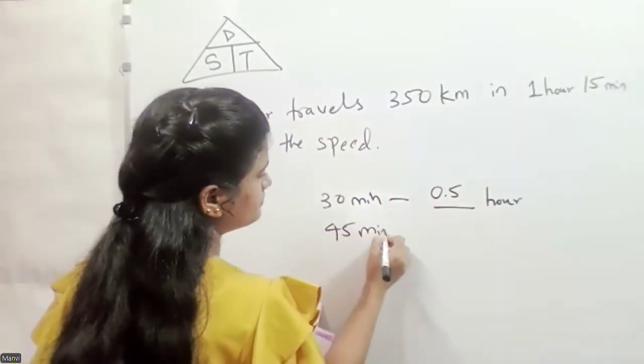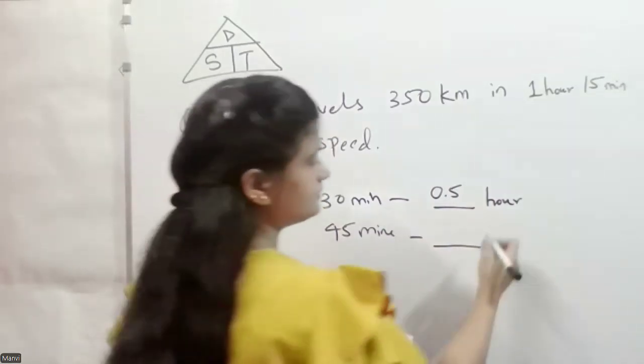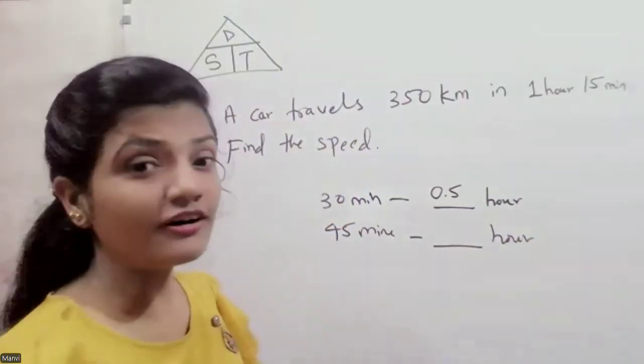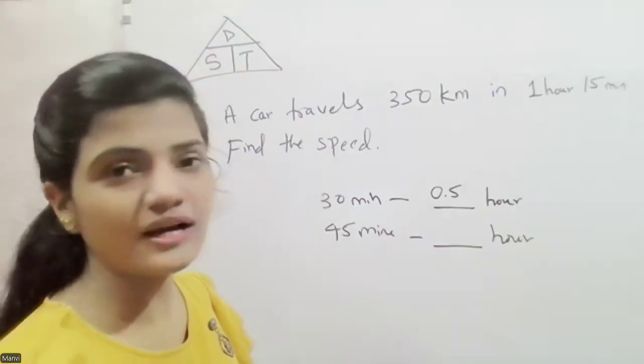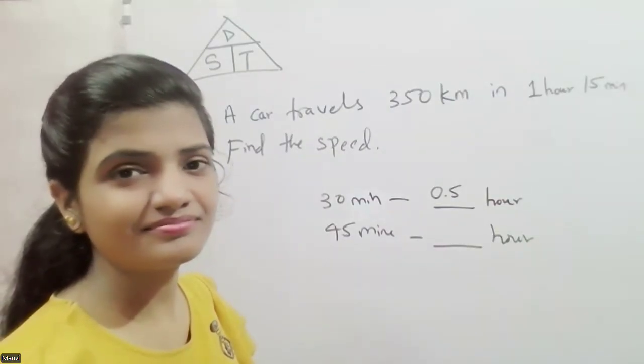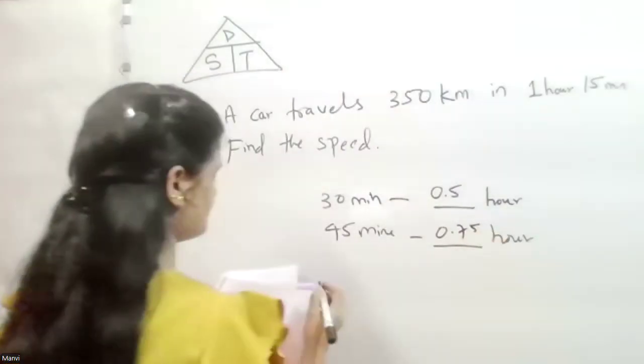45 minutes equals how many hours? 45 minutes means 3/4. 0.75. Very good. Don't say seventy-five.